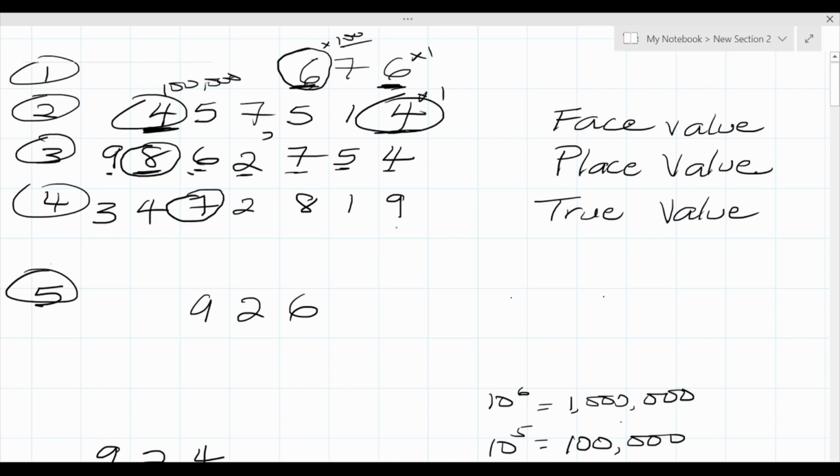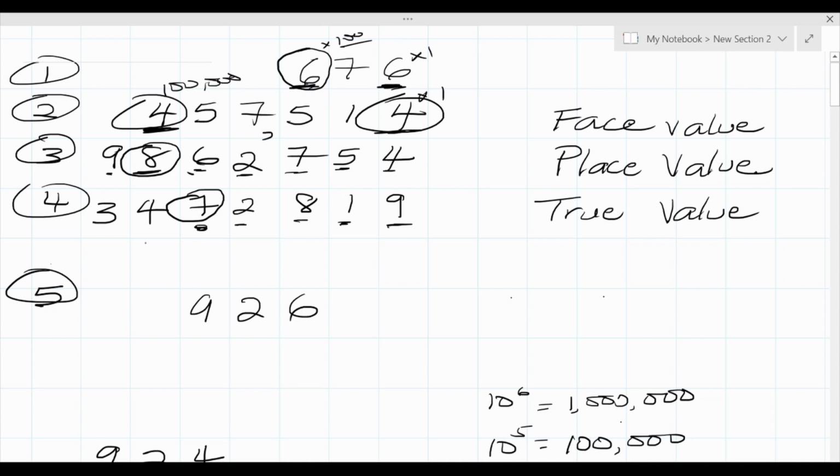So we have 9 ones, a set of 10, we have 800, we have 2,000, and we have what? 7 sets of 10,000. So the options that they have here are tens, thousands, 10,000, 100,000. So this would be what? 10,000. We have 400,000s and 3 sets of millions.